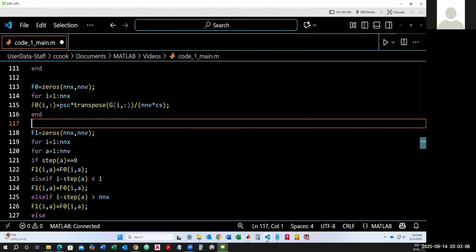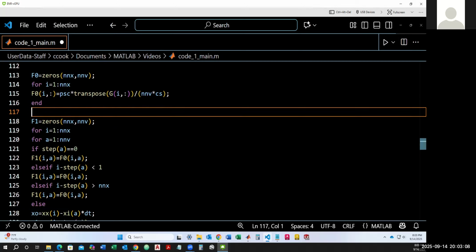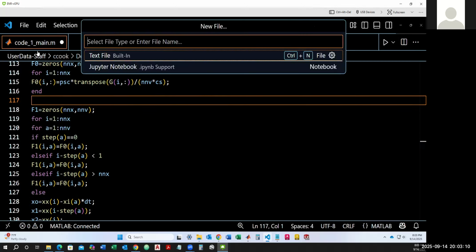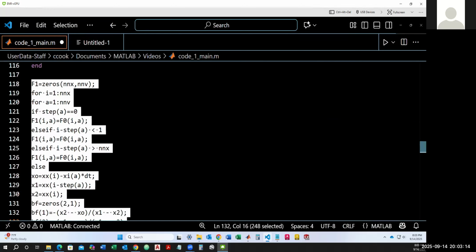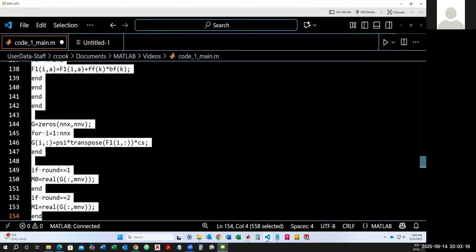So now that we have our initial distribution, let's take this stuff out for now. I actually want to show that computation.